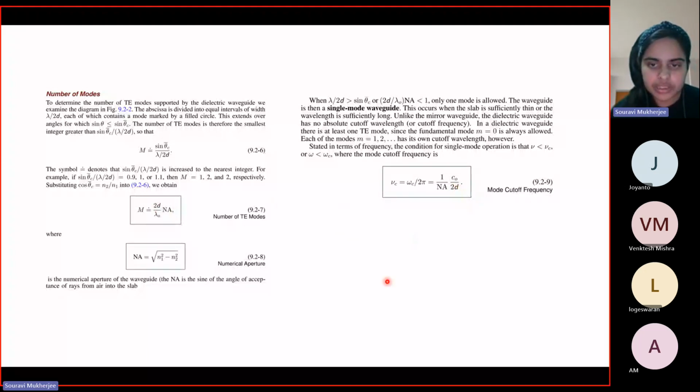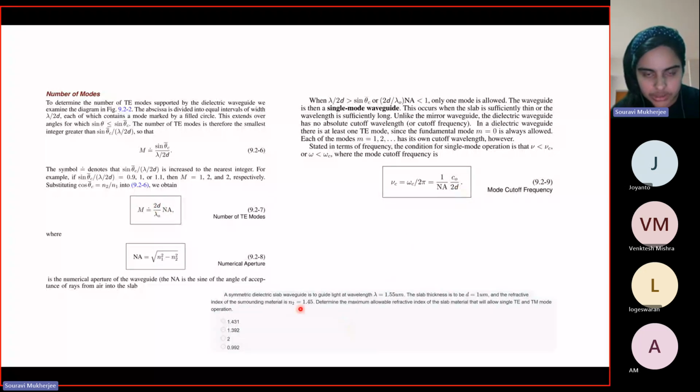There could be questions like one of the assignment questions last year, where you have the wavelength specified, you know d, and you know the refractive index of the surrounding media, basically the refractive index of the cladding. It says determine the maximum allowable refractive index of the slab material, or the core, which would allow single TE or single TM modes.